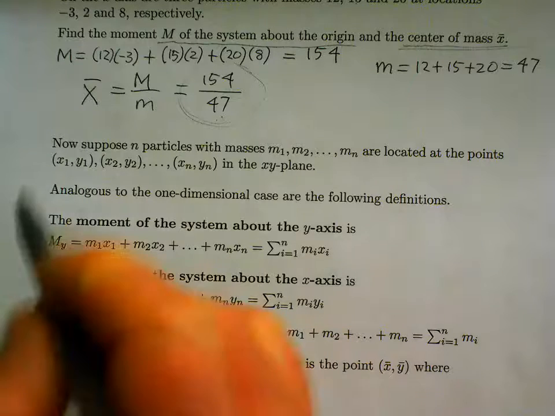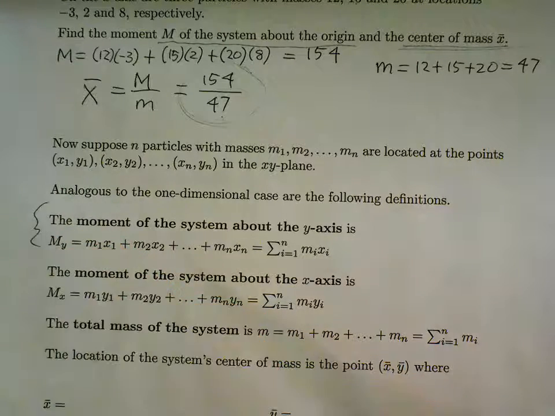Okay, this one is analogous to the moment of the system about the origin. So a few minutes ago, we observed that if we're just on the x-axis, the origin is x equals 0. And the x values were how far the points were from 0 on the x-axis.